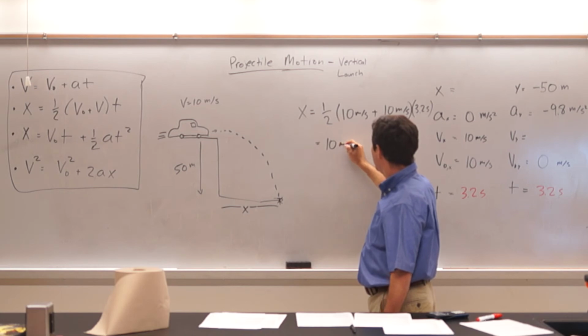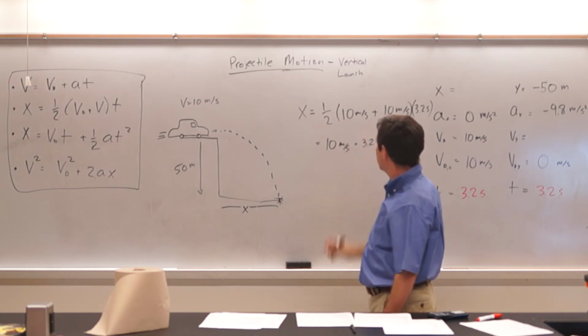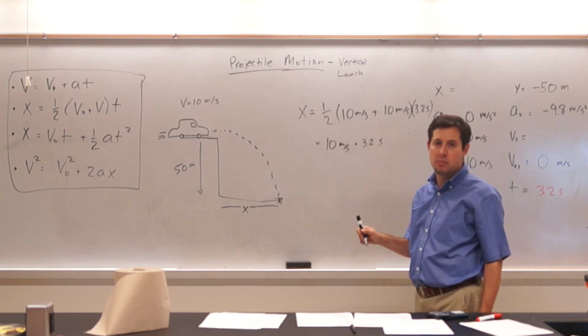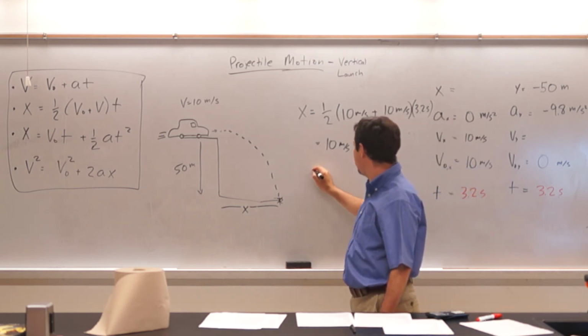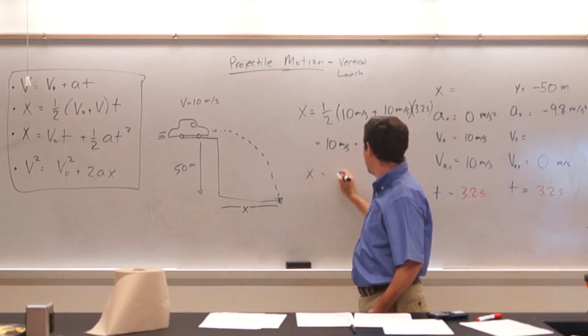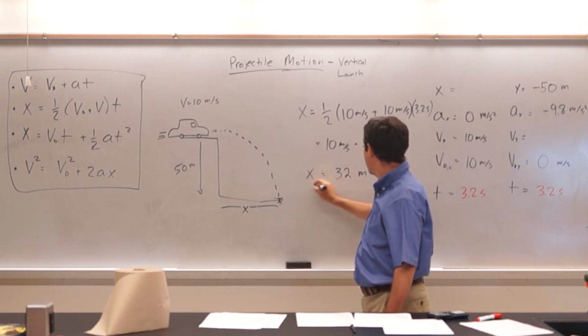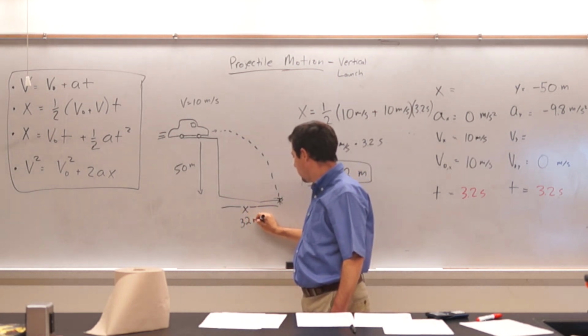So 10 meters per second times 3.2 seconds. This is in essence just the average velocity times the time, because you can say distance is average velocity times time. So you end up getting 32 meters. That's where it strikes.